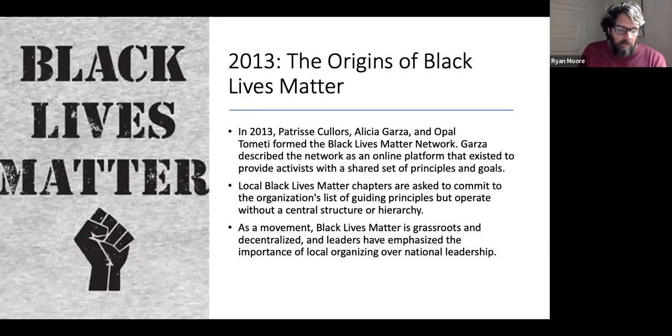So when we talk about Black Lives Matter, at least as an organization, we go back to the year 2013. These three Black women, Patrisse Cullors, Alicia Garza, and Opal Tometi, basically formed the Black Lives Matter network that is the overarching national organization. Garza, who's an activist from here in San Francisco, described the network as an online platform that existed to provide activists with a shared set of principles and goals.